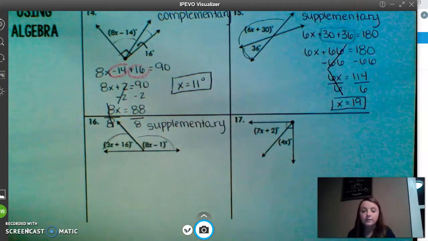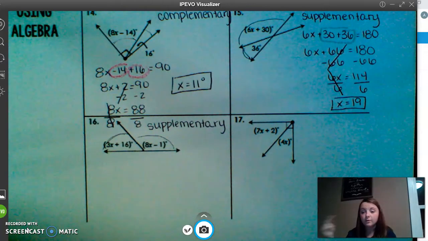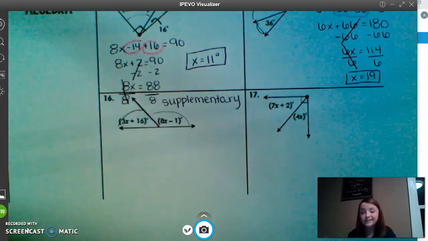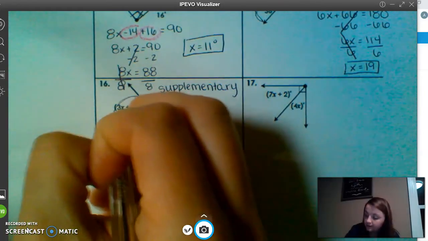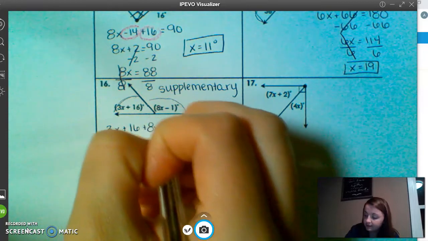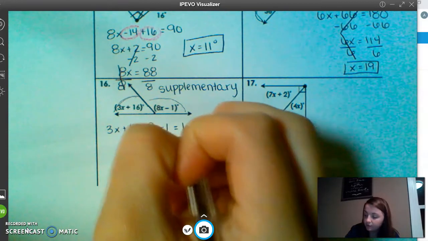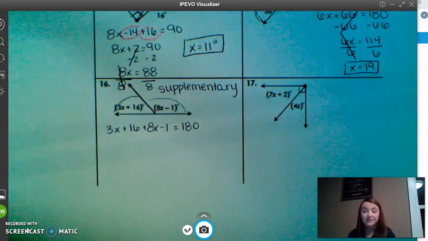Okay, well, they're supplementary. That means if I add the two together, then they are going to equal 180 degrees. So I'm going to go ahead and set that equal as an equation. So 3x plus 16 plus 8x minus 1 equals 180. Okay? Oh, it's a little different.